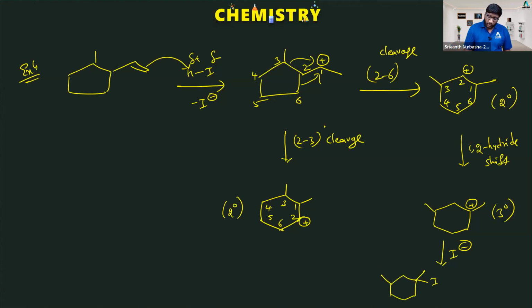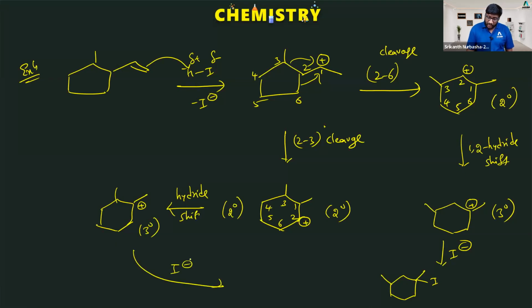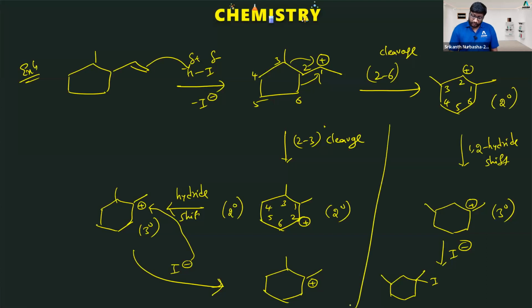Here it is a 2-degree carbocation. This 2-degree carbocation again does a hydride shift, of course a 1,2 hydride shift. So out of these two, which is going to be major and which is minor, you have to decide now. 2-degree to 3-degree, and in the 3-degree, I minus is again going to attack this particular carbon. We are getting different products, right? Yes or no?